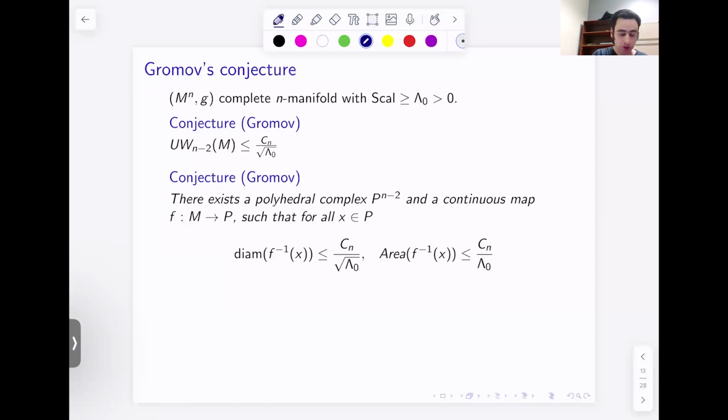So for the Urysohn width, we don't necessarily need to have a very nice foliation. We don't even need to know that the fibers have the right codimension. But here, this is a stronger claim that the fibers are all very nice and in fact also have small area.